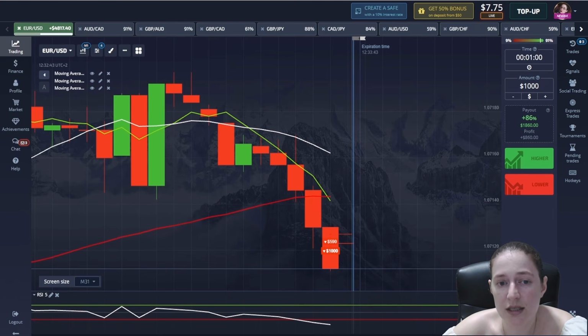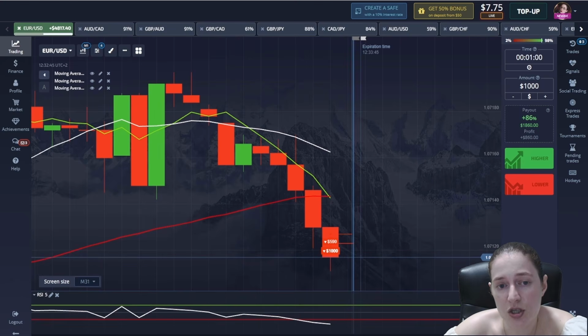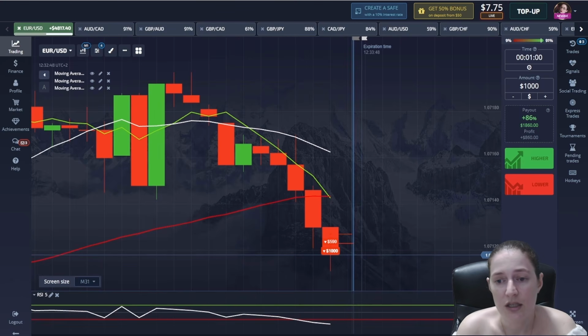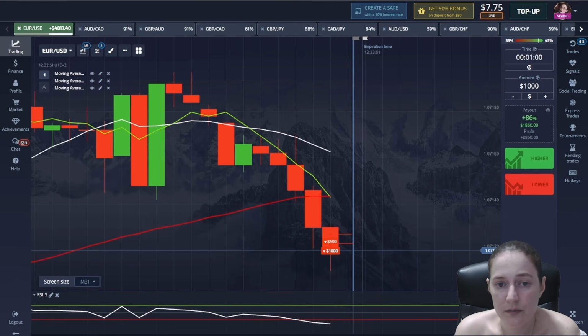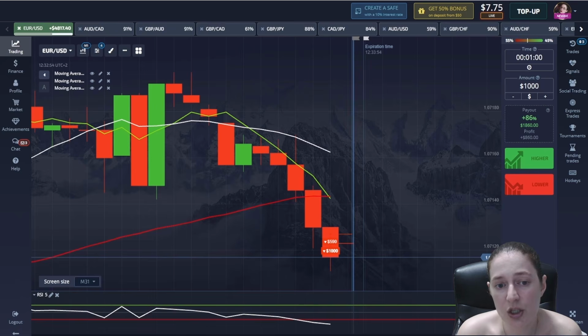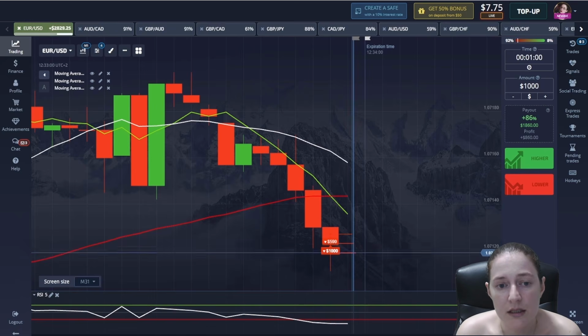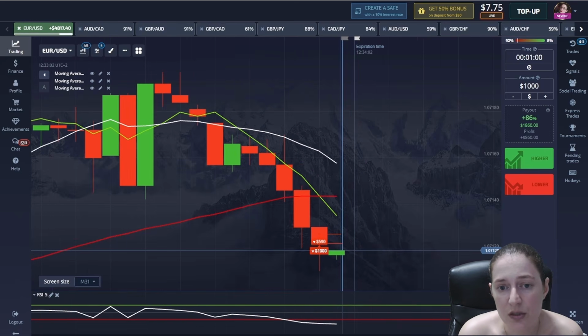The RSI white line is of course in the sell position, or below the red line. So if you look closely at the platform, when such a moment is created, there is a very high probability that the red candles will continue to move down.